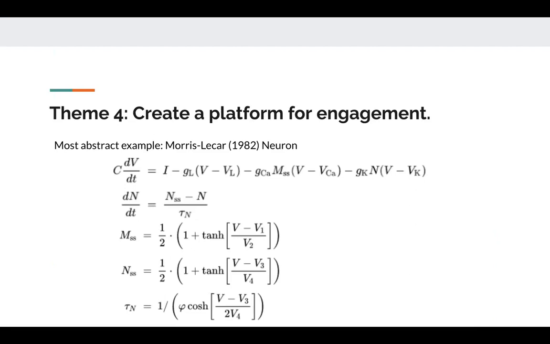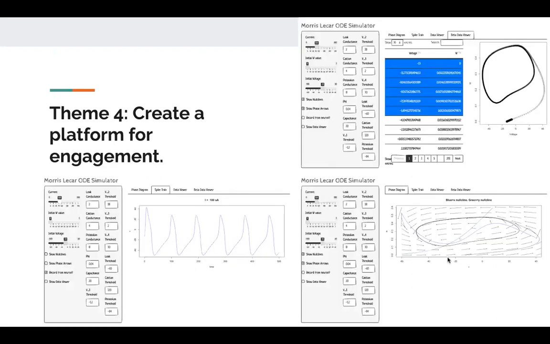For example, I used to be a teaching assistant, and we were trying to communicate this idea of Morris-Lecar neuron models that follow the shown equations here. They seem very abstract and relatively confusing, and the point of the class was to help people understand the dynamics underneath.